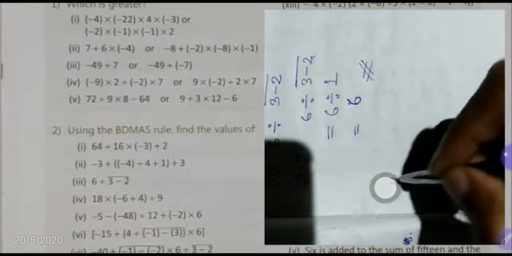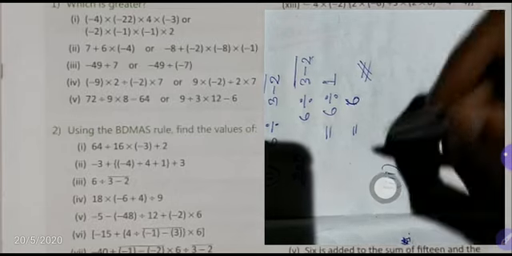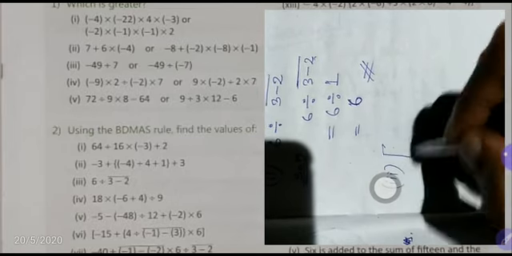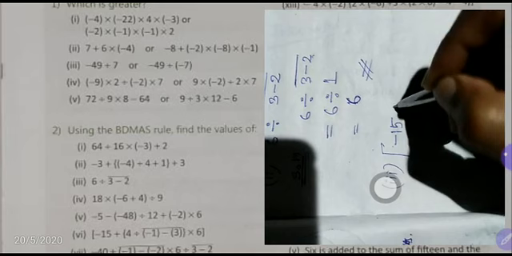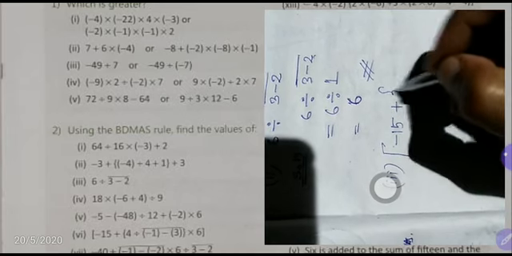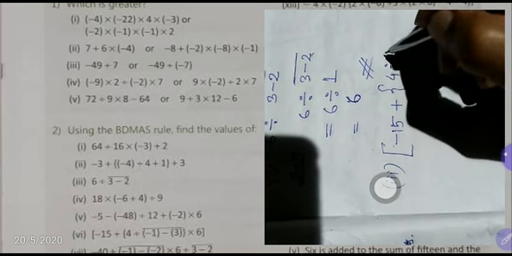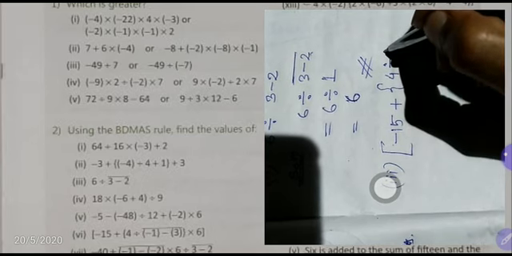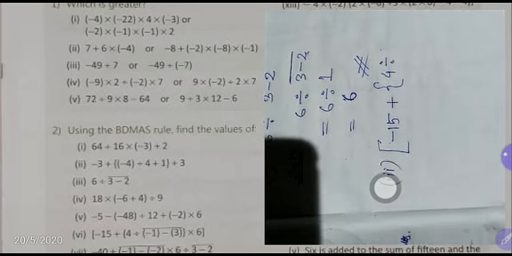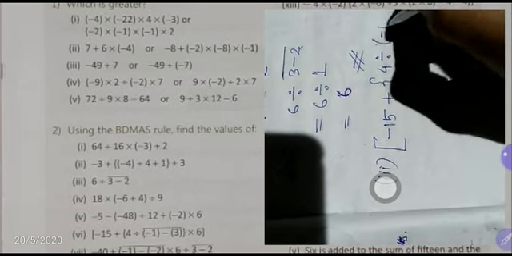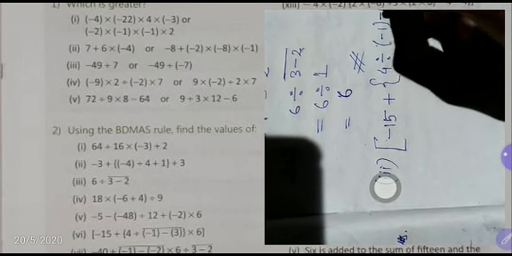Next, the third number you see. In the third number, what we have taken: a bracket is there, minus 15 plus, second bracket starts, 4 divided by minus 1 minus 3.